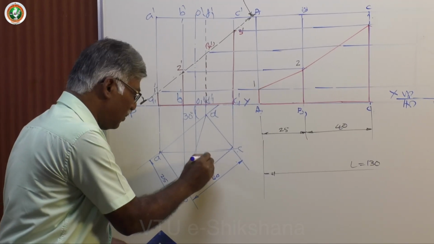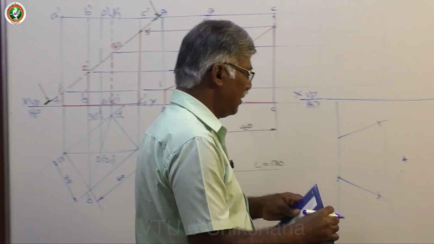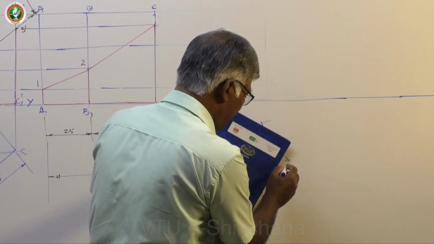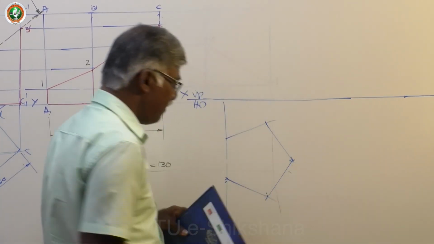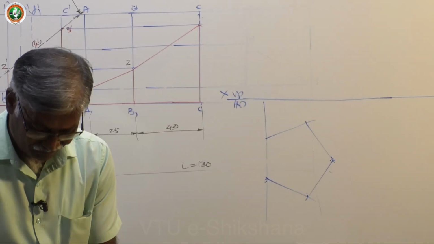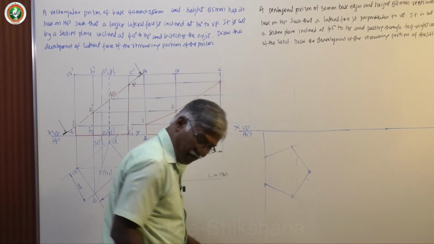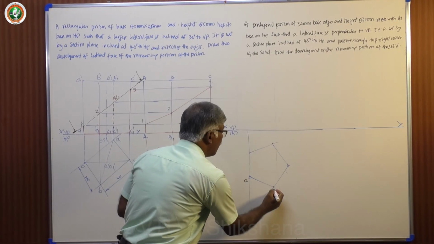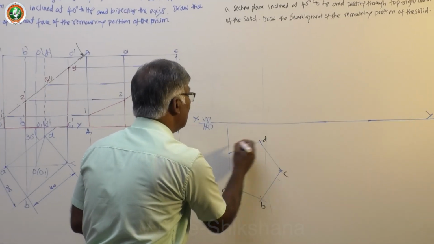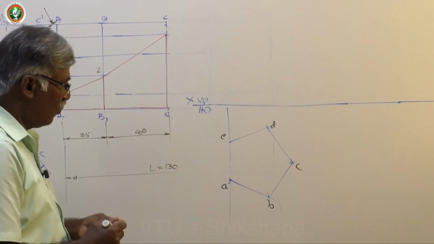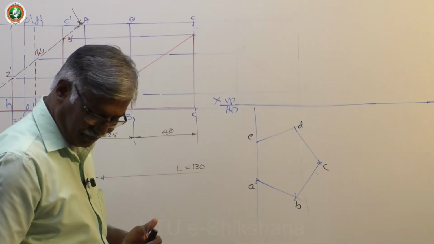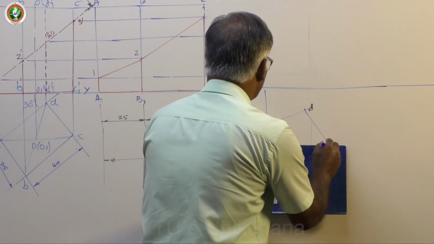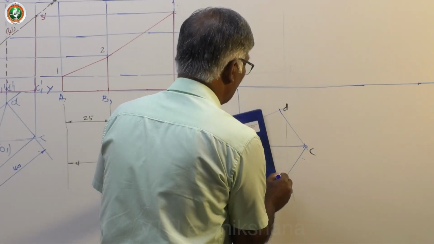Now, if condition necessitates, then only you start working dark line, thin line. That is only in case of section of solids. Now, this is A, B, C, D, E. Start A here, B, C, D, E. Now, identify the center, because whenever you get solids, you always prefer to refer solids.